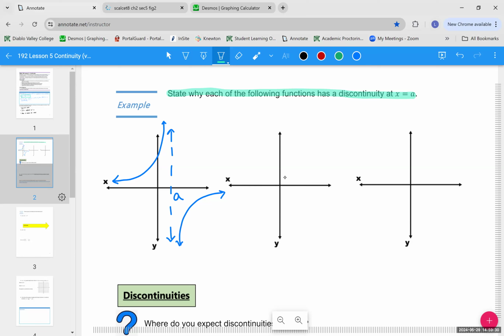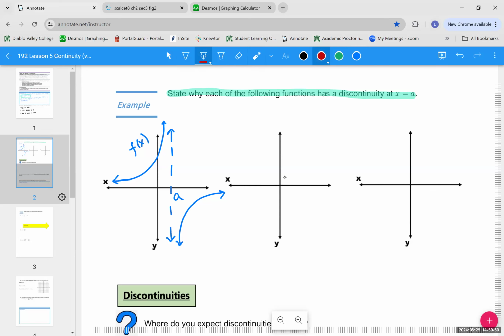So here at a, we're saying that this function, which I should label as f of x, has a discontinuity at a. And why is that?